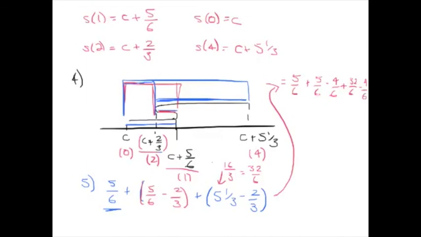Sorry, that's so squished in. So let's add those all together. So we've got 5 plus 5, take 4, plus 32, take 4. Hopefully I've done this right, because that gives us 34 on 6, which will give us 17 on 3. Yes. On 3, which I think in the book they've got 5, 2 on 3, which is the same.